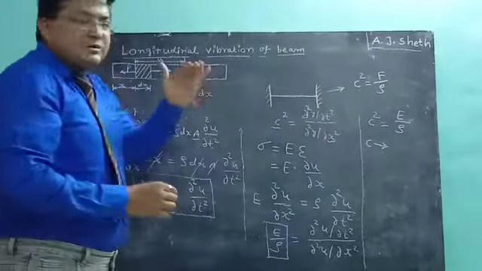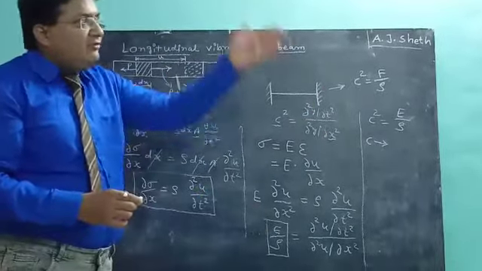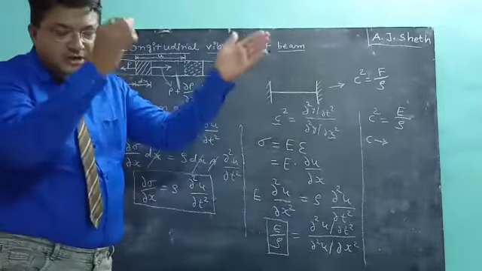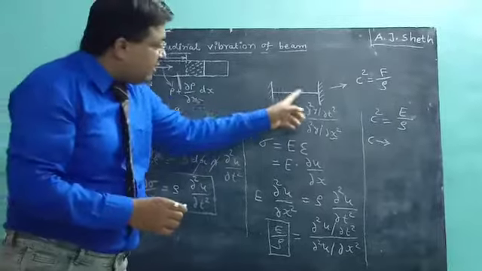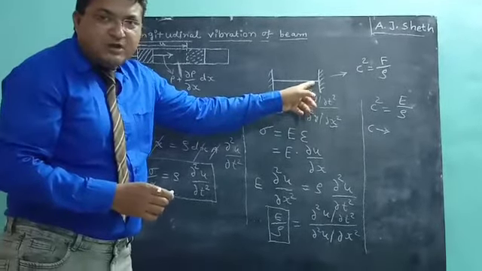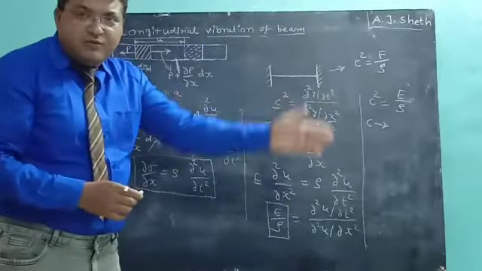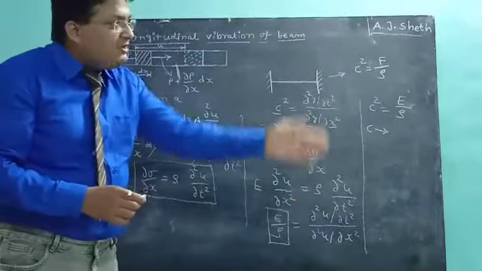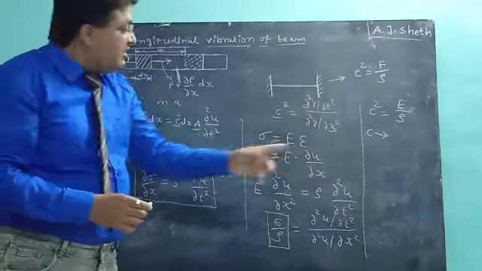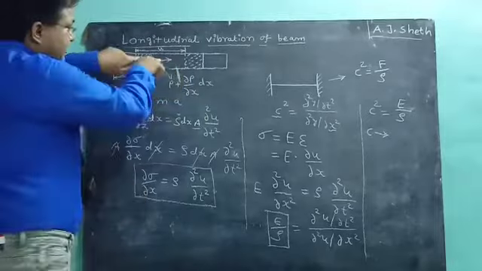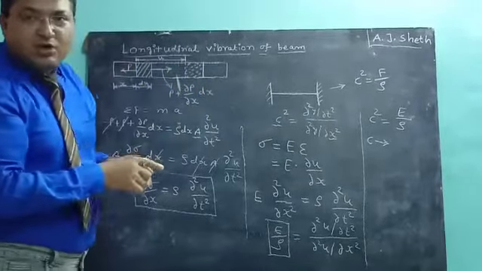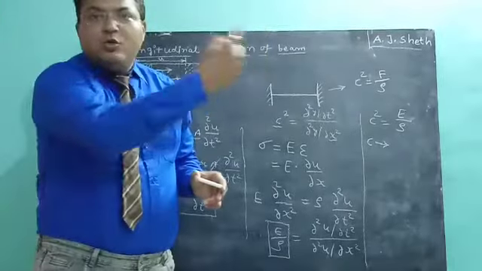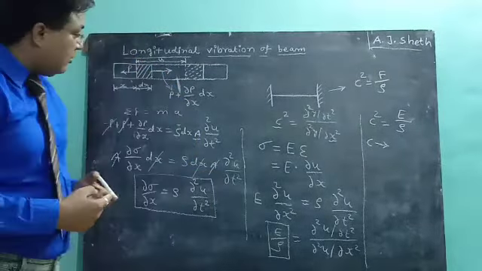Second, the force is different and the motion is different. In the earlier case, for the elastic string, we considered a standing wave where the string is moving in the xy plane itself, while here in longitudinal vibration, the body is moving in the longitudinal direction, along the load axis.